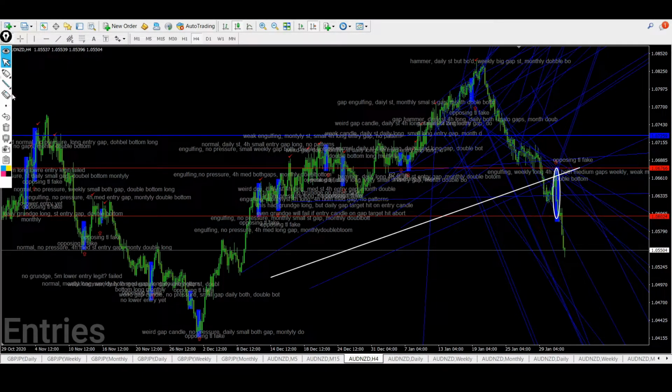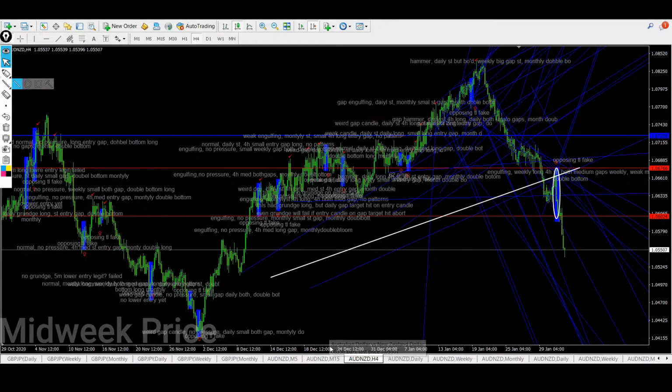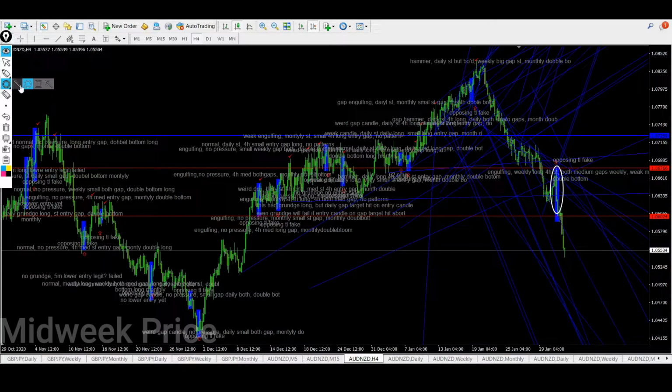All right, so let's talk midweek price action. We'll stay on the 4-hour chart. In the midweek price action, basically what happened is that, like I said, there was a short trade right here. Those levels, which were right here and right here, were touched.